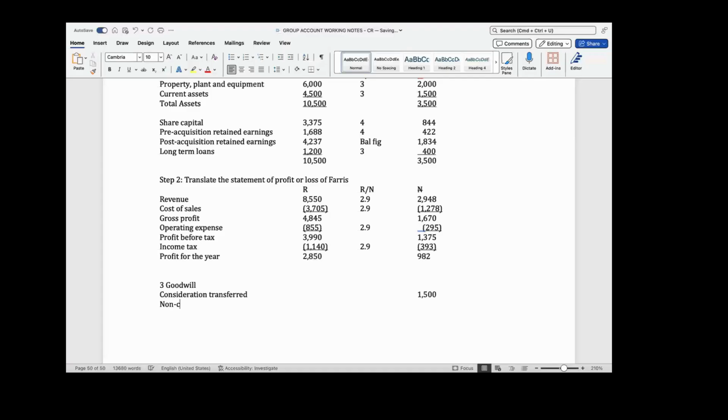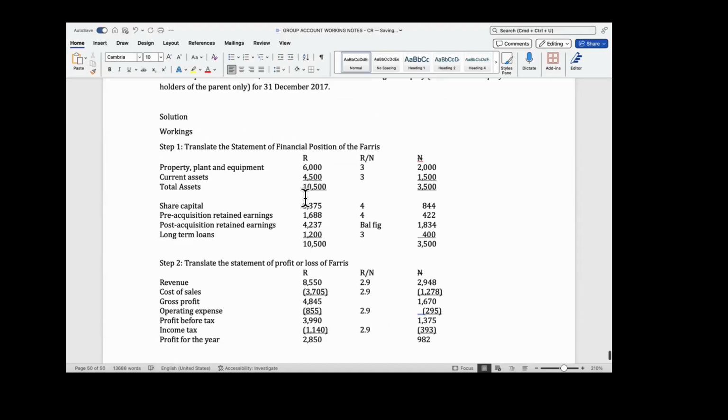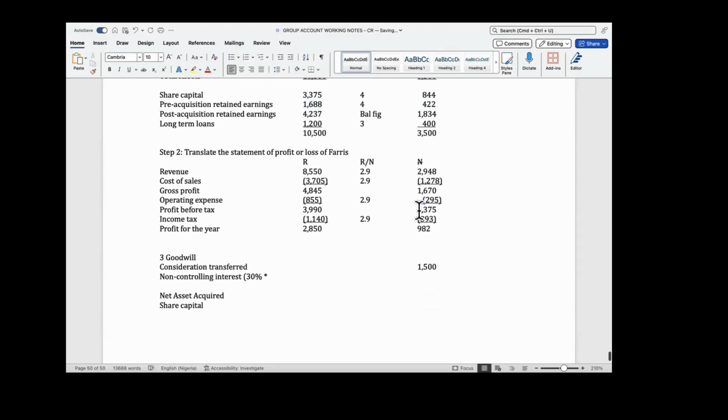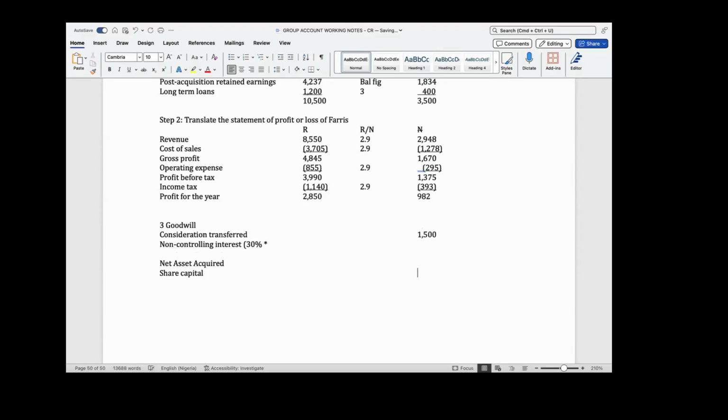Now we have non-controlling interest, which is measured at proportionate share. So we need to get net assets acquired. We have the share capital of the subsidiary, which is now this, and the pre-acquisition, which is this.